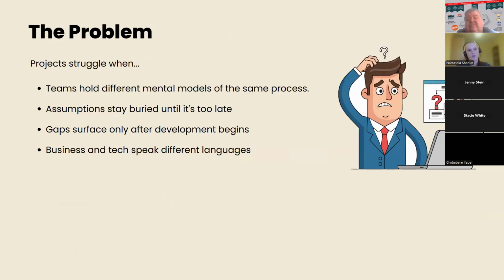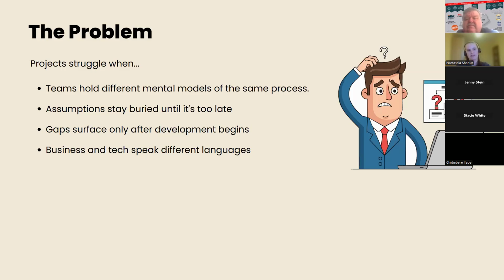As you know, many projects struggle not because nobody wrote requirements, but because people do not share the same understanding of the process. Business sees one version of the application. Technical teams see another version. Operations has their own reality, and testing finds things that nobody even talked about.